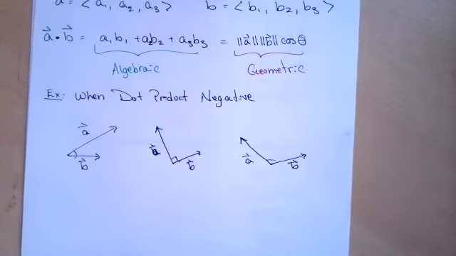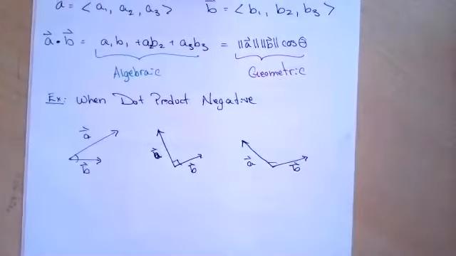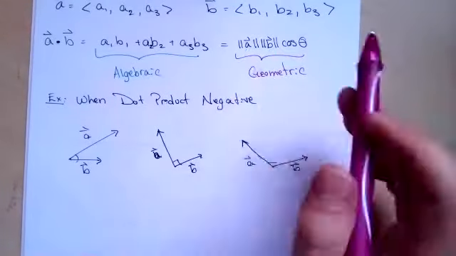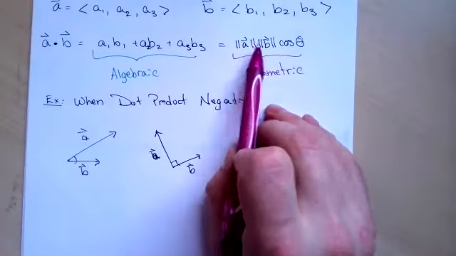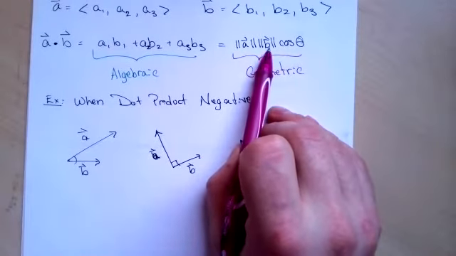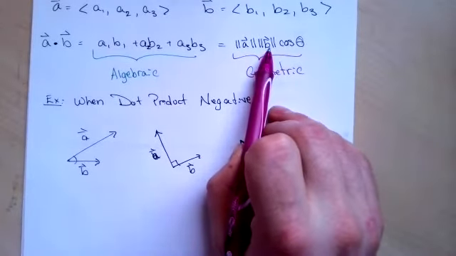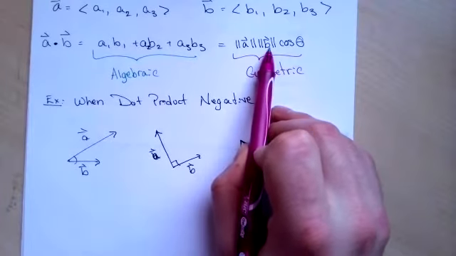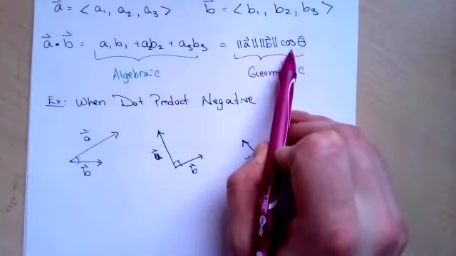Well, if I'm just given arbitrary vectors in space as pictures, we want to get some intuition based on the geometric definition. The geometric definition of the dot product says it's going to be the magnitude of A times the magnitude of B. Both of these quantities are always positive since we're computing the magnitude, the length of the vectors. Cosine, however, can potentially be negative.